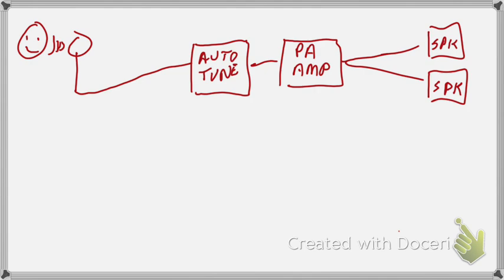It does what? It steps it up in volume. Sends its output to the speaker. The speaker's input is the output from the PA amp. What's the speaker's job? It changes that electrical energy it's getting back into sound waves.